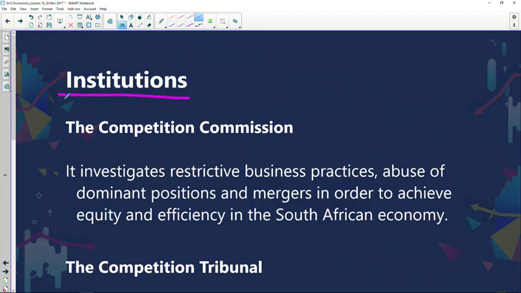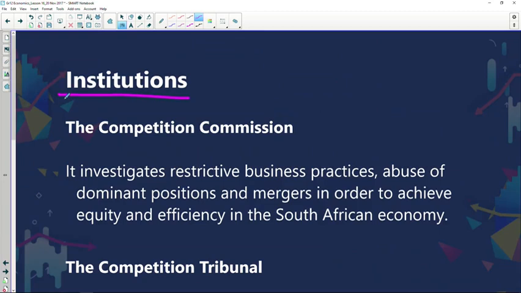So now we're going to move on to the institutions that ensure that fair competition actually does take place in South Africa, and that if there are issues, they provide the correct channels that need to be followed in order to address these particular issues. So now we're focusing on institutions, starting off with the Competition Commission.